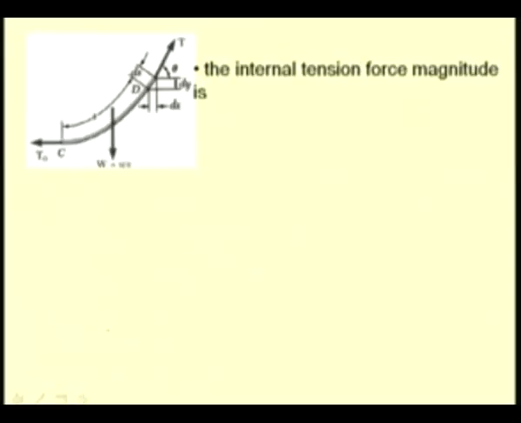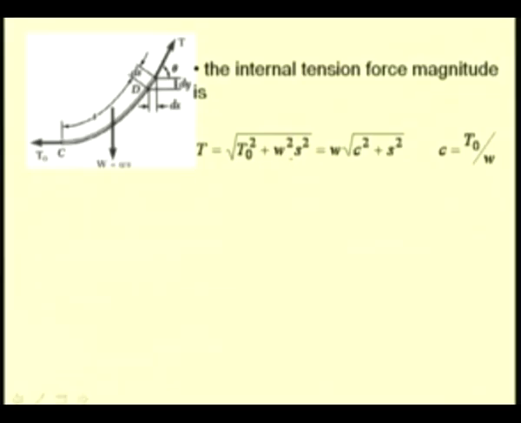The internal tension force T's magnitude can be related to the vertical force W and the horizontal force T naught, or the tension at C, as T equal to root of T naught square plus W square S square from the force triangle.